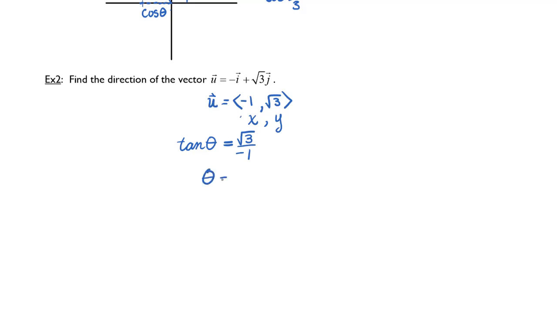That gives me theta is equal to the tan inverse of negative root 3. Therefore, theta is equal to 2 pi over 3.